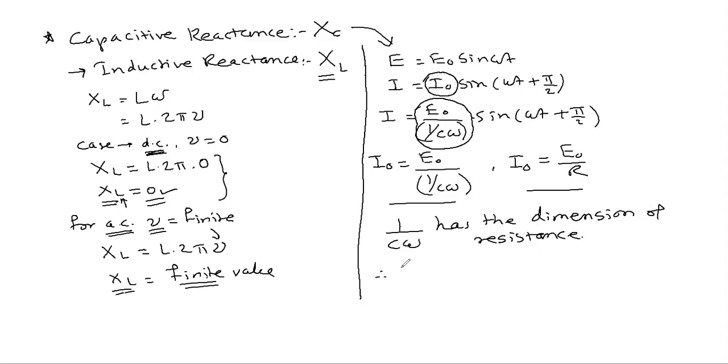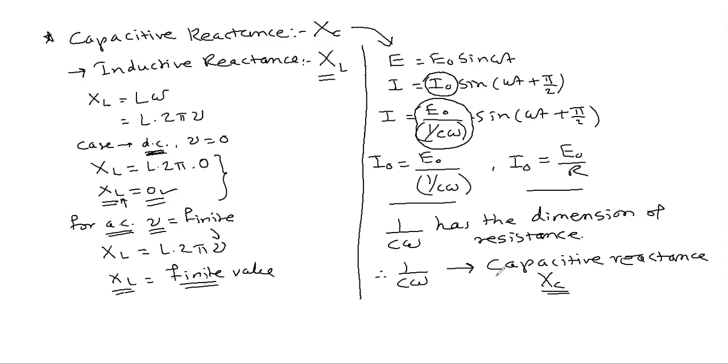Therefore, this term 1 upon C omega is known as capacitive reactance, and it is denoted by Xc.